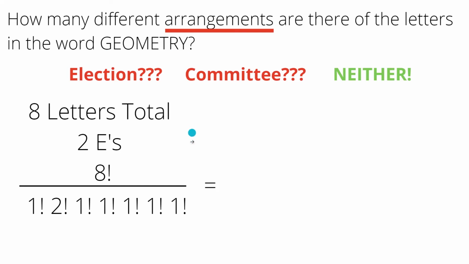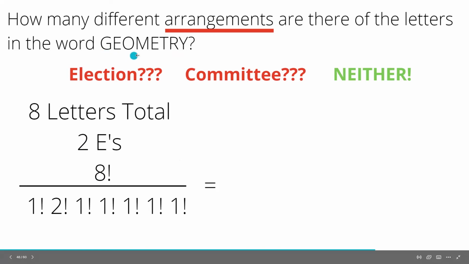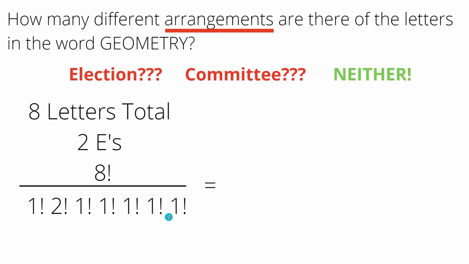Okay, so if you remember when we did these examples, we said the total on the top, 8 factorial, because there's 8 letters. And then we took all of the distinct letters and we put them in the denominator.